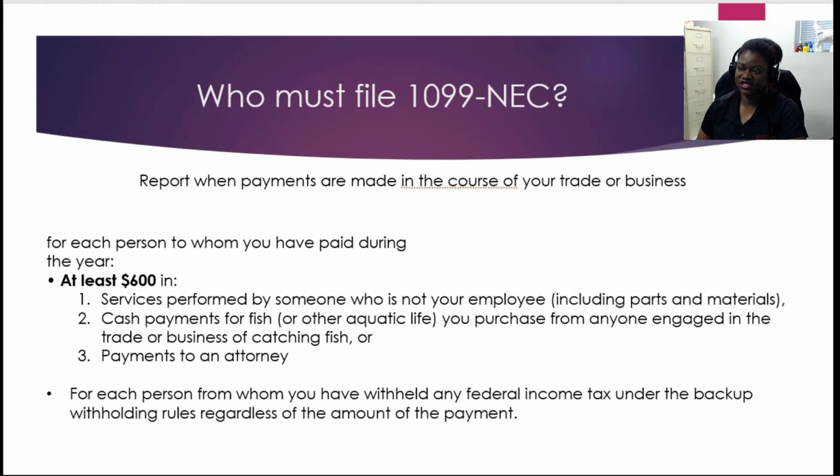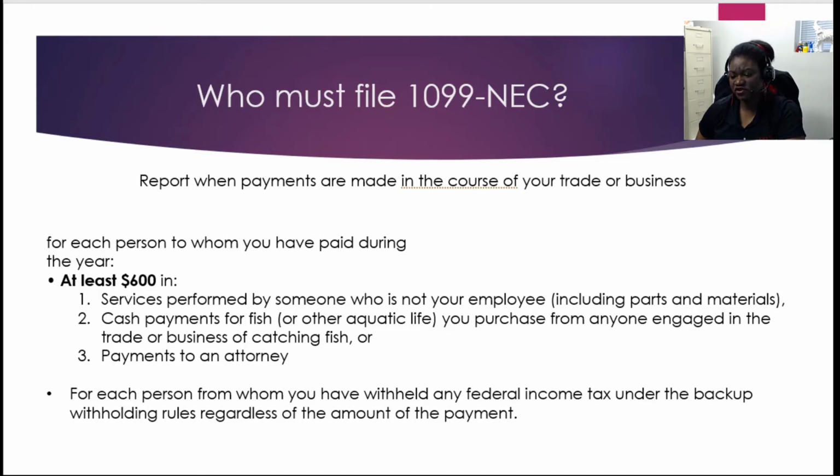So now the new 1099 NEC, you would file this on behalf of businesses that you paid at least $600 for services performed by someone who is not your employee. So non-employee compensation, and any cash payments for fish, which is kind of weird, but okay. For fish you purchase from anyone engaged in that trade or business, or payments to an attorney, and we'll talk about that again.